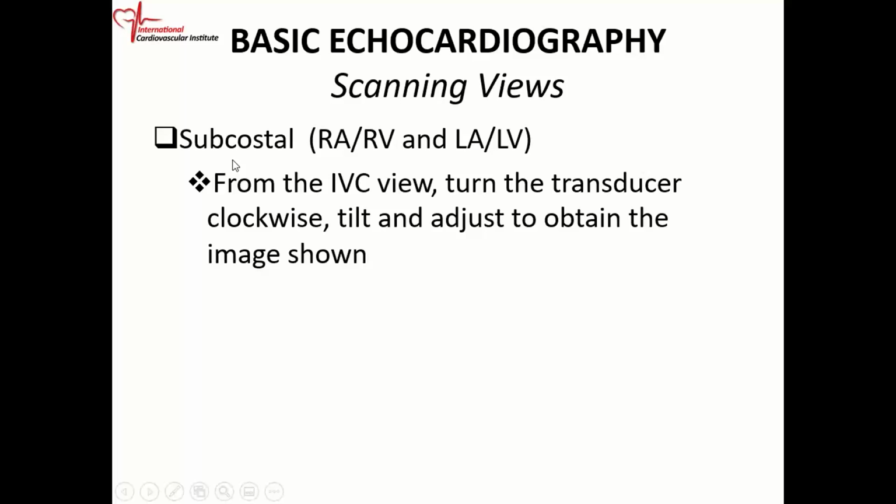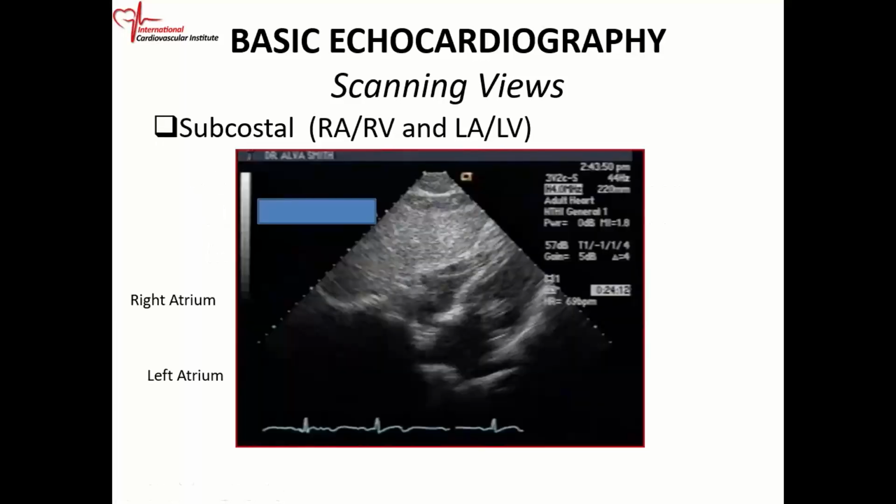Then from the IVC view, you turn the transducer clockwise. You're going to tilt it and adjust it to get an image looking like this. So again, this is the liver over here, but now you can see the right side of the heart. Remember, the right side of the heart abuts the liver, and then this is the left side of the heart.